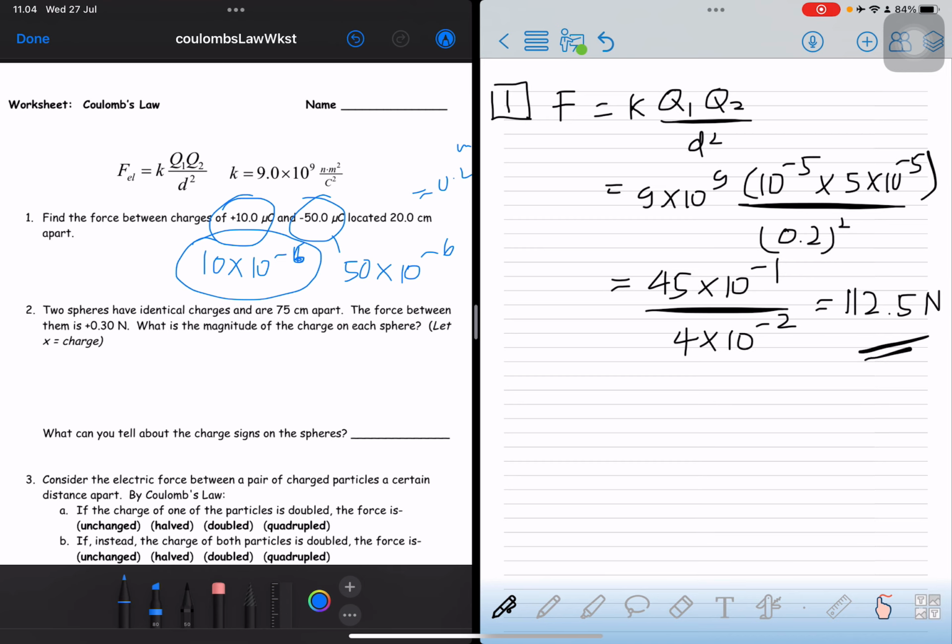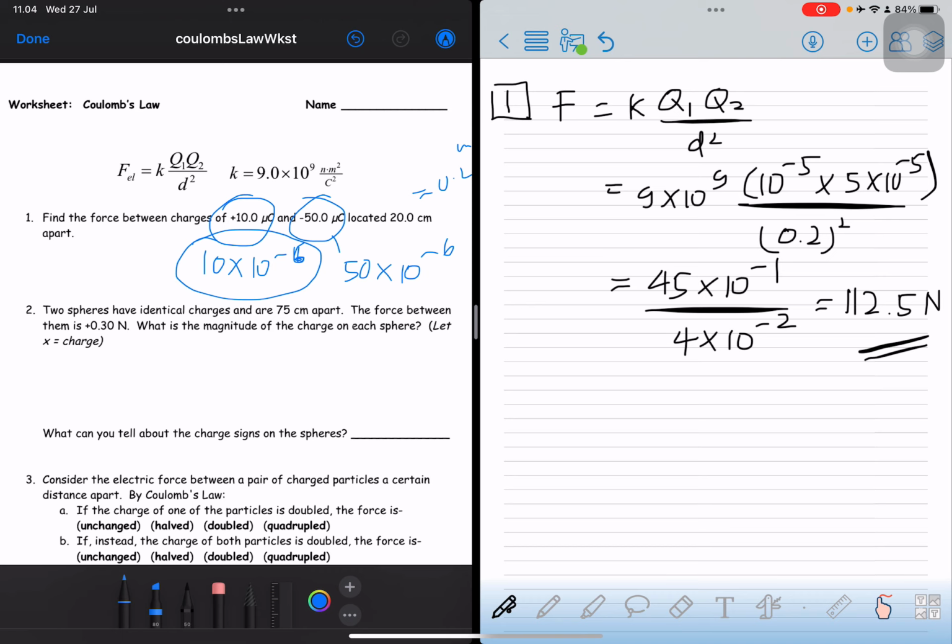Yeah, that's it. This is about electrostatic force, or sometimes we call it Coulomb's force, because Coulomb is the scientist we admire.